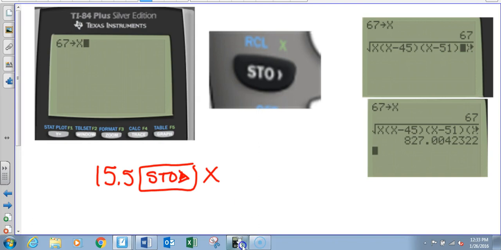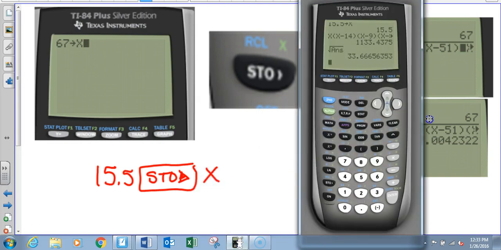So, here we go. 15.5 store into X. You hit enter and all it says is 15.5. But now every time you type an X, you get a 15.5.